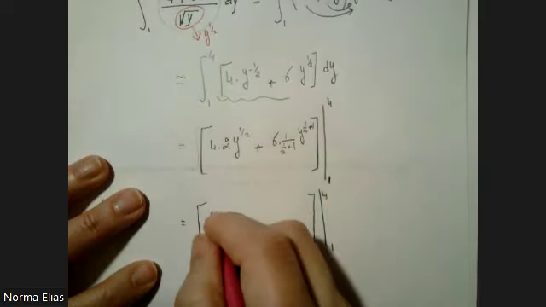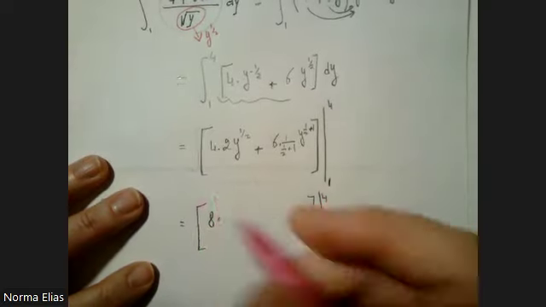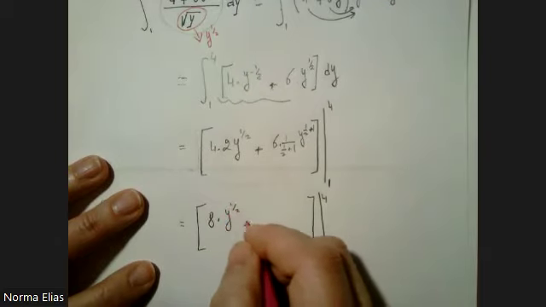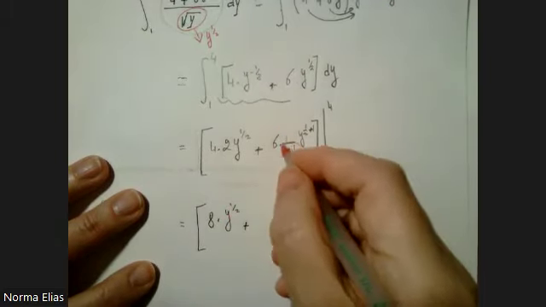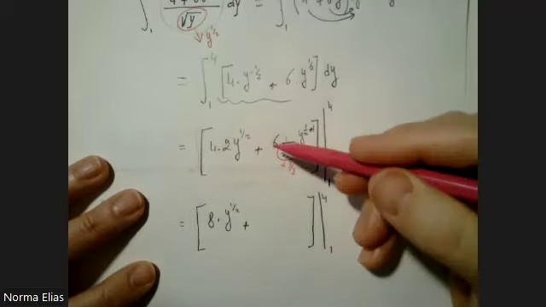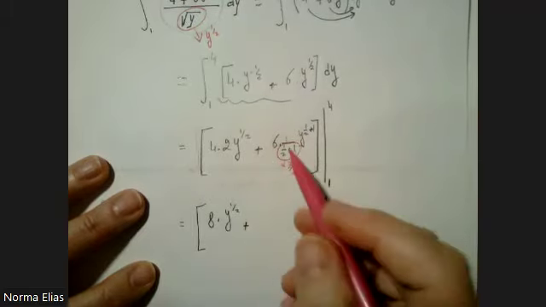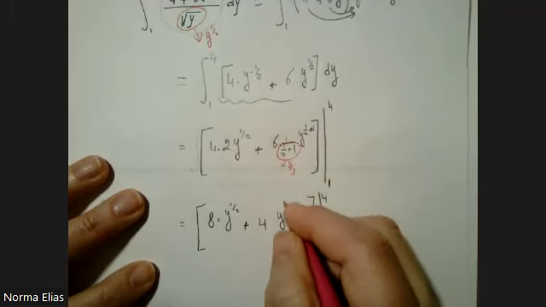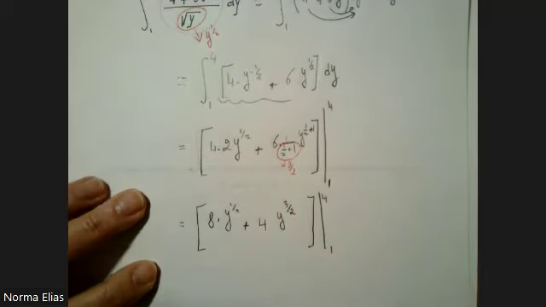This will give me 8, if you want, y to the half or the square root of y, plus a half plus 1 is 3 halves. So it's 6 times 2, which gives me 12 divided by 3, which is 4 y to the power 3 half.